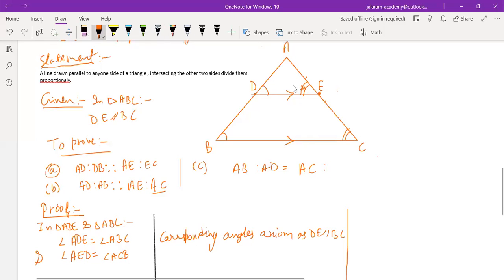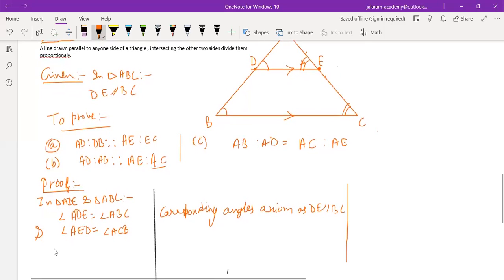So these two triangles, triangle ADE is similar to triangle ABC.